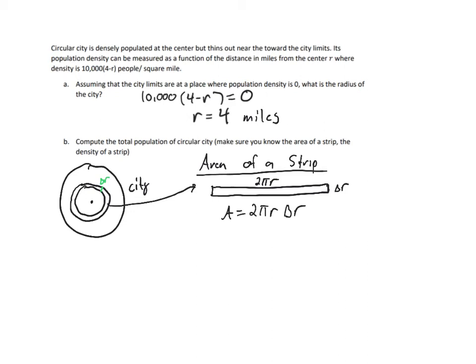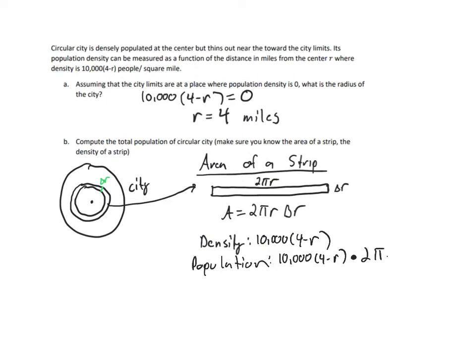The density of the strip is 10,000 times 4 minus r. The population of an individual strip would be the density times the area of the strip, or 10,000 times 4 minus r times the area of the strip, 2 pi r delta r.